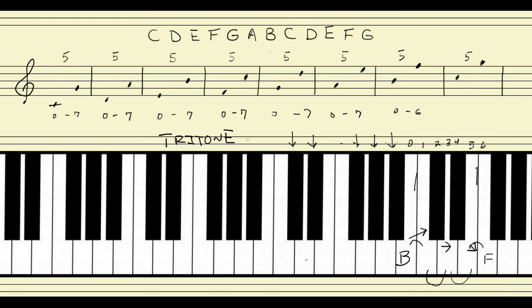But the tritone is one of the most interesting and active and unstable intervals in all of music, and we'll be taking a little bit more in-depth look at the tritone in this class, as you will in other classes coming up.